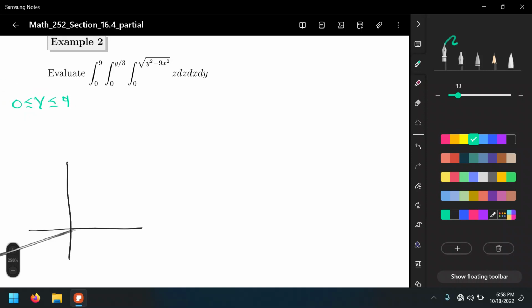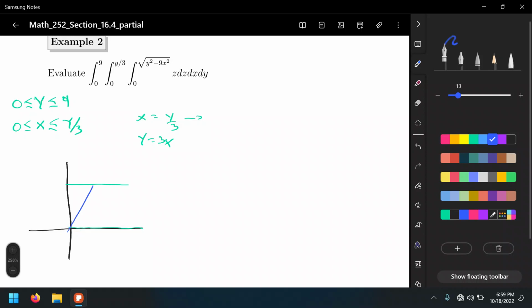That is going to be in the xy plane projection from between 0 and 9. And then the second integral is telling us that x is varying between 0 and y over 3. This might be a little weird to see, but if we set x equals y over 3, this is the same as saying y equals 3x, which is going to be this diagonal line in here.